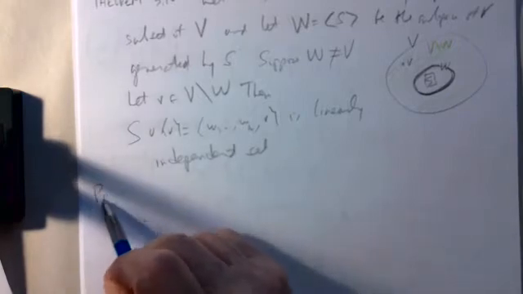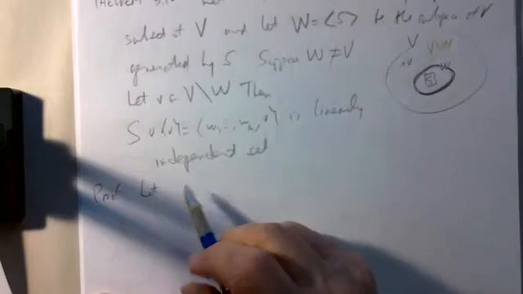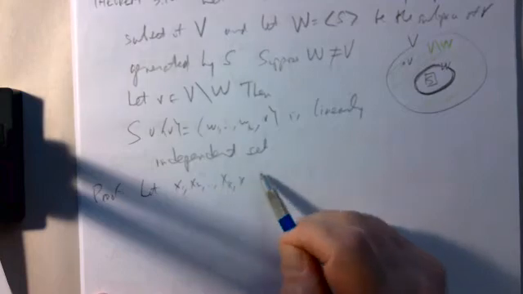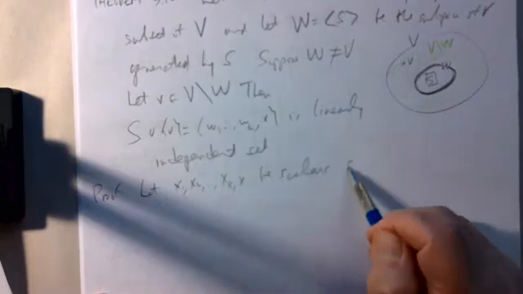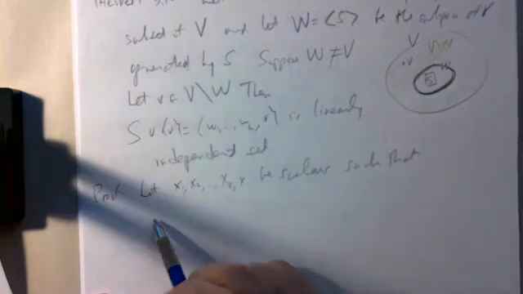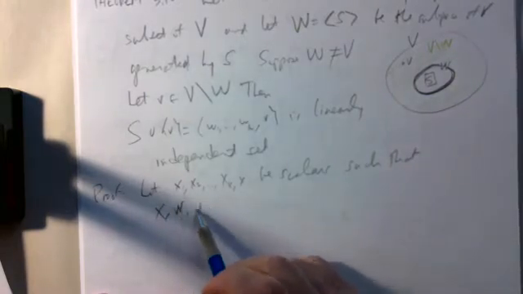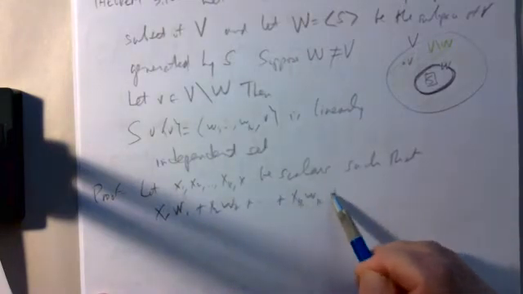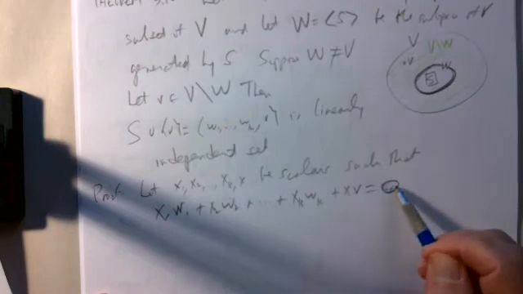And the proof is by contradiction, because a set is either linearly independent or linearly dependent. So let's see. Suppose that we take scalars x1, x2, up to xk, and x, such that this linear combination x1 w1 plus x2 w2 up to xk wk plus x times this new vector v equals the zero vector.